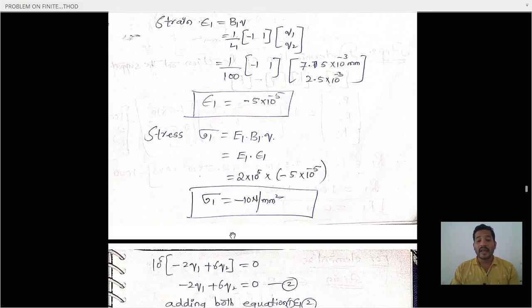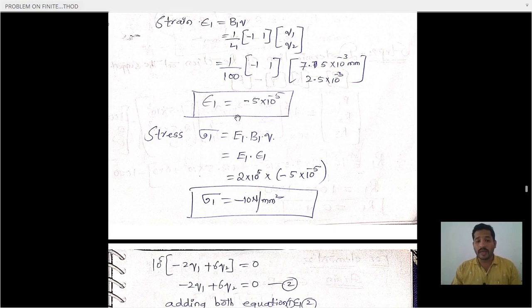Okay. Again, after getting the strain, we need to find out the stress. How to find out the stress? We follow the same formula here. Stress is equal to Young's modulus into strain, capital E as it is. Wherever B1Q was there, you have to substitute the value of E1.